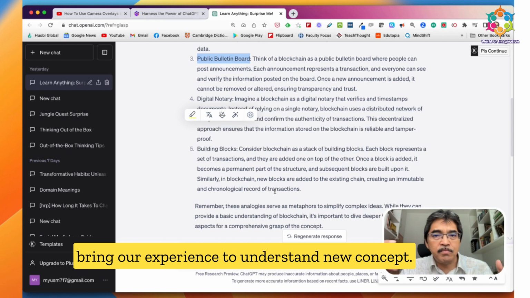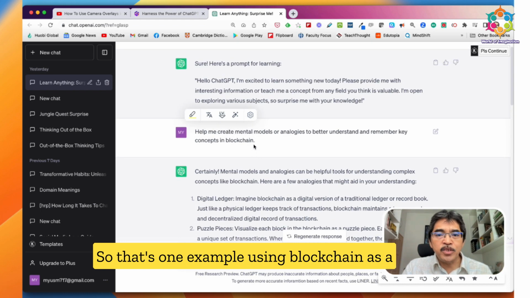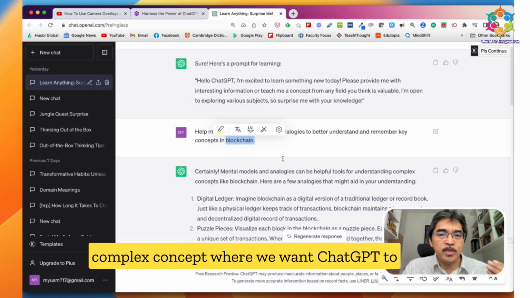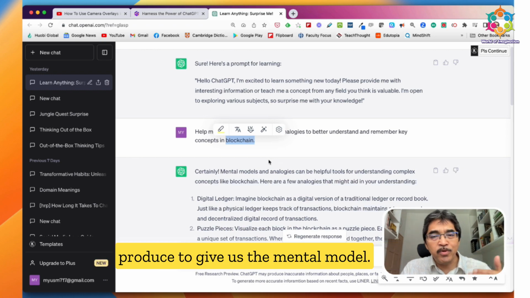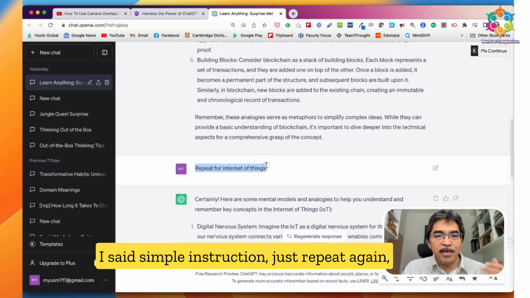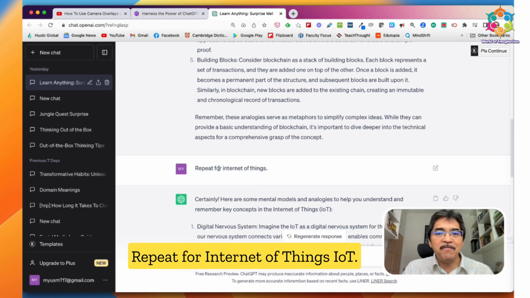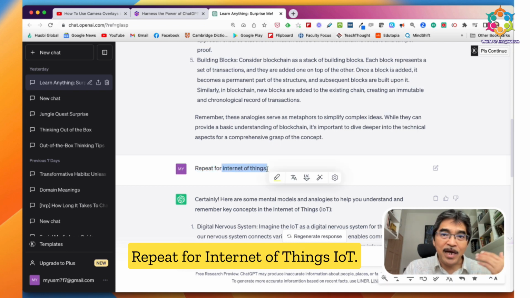to understand a new concept. So that's one example, using blockchain as a complex concept where we want ChatGPT to give us the mental model. The second example that I use here, I said a simple instruction, just repeat again, because ChatGPT will remember. Repeat for Internet of Things, IoT.